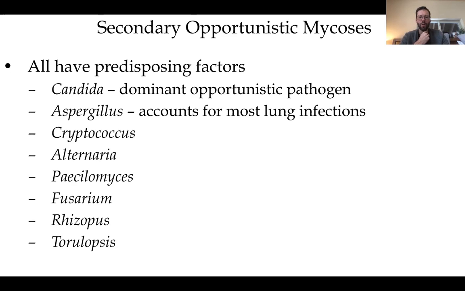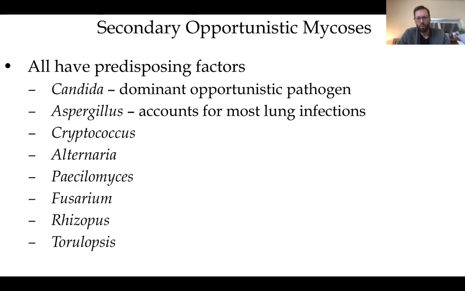Aspergillus is going to be aspergillosis in the lungs. And then Cryptococcus is a fungal pathogen that often will take out patients with AIDS. That will be what leads to their demise.